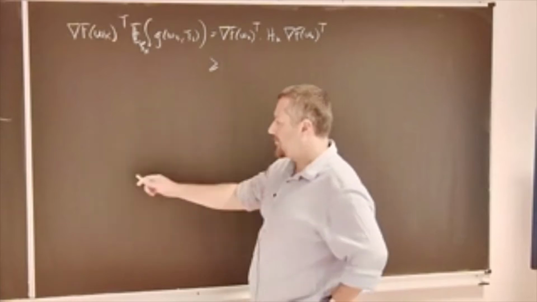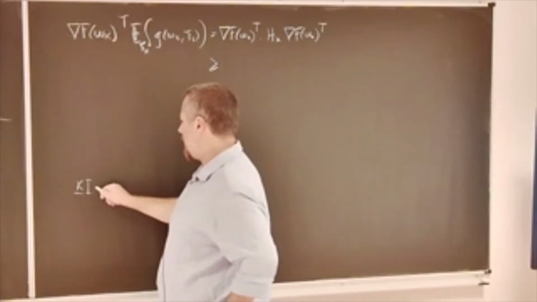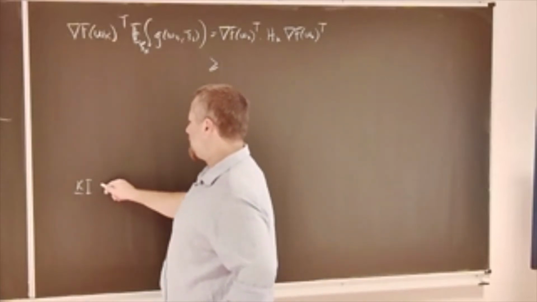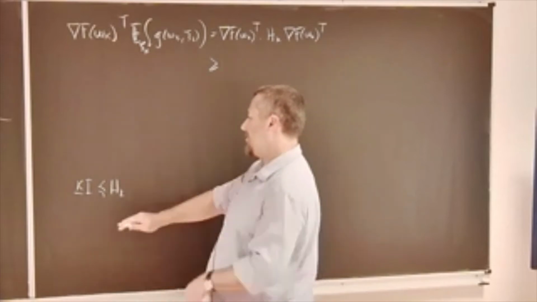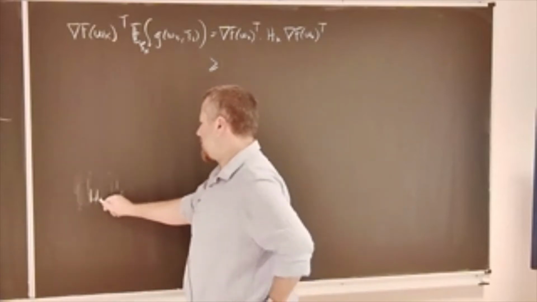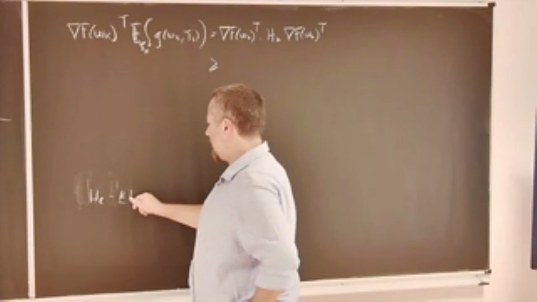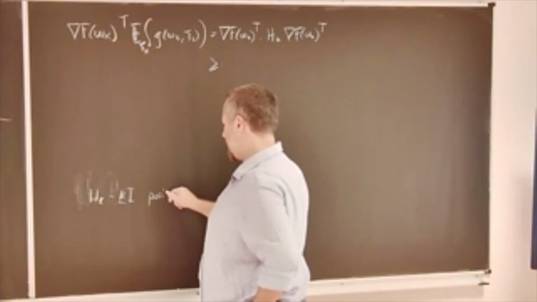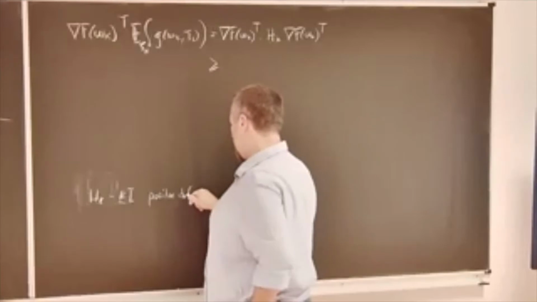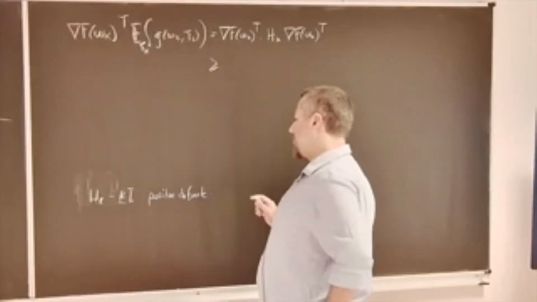And if you remember, a constant times I is smaller than or equal to H_k, then that means H_k minus that constant times I is positive definite, or positive semi-definite.